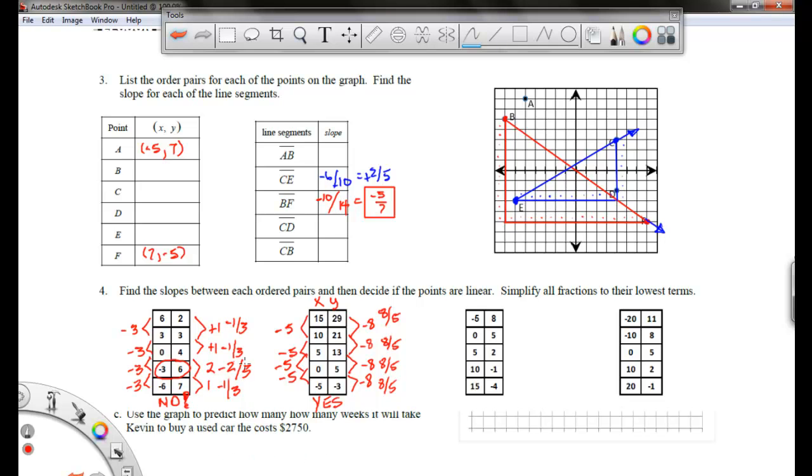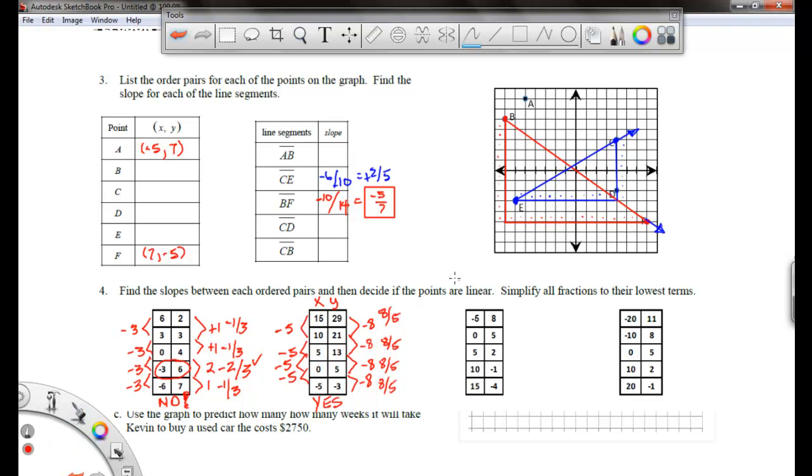So this is not linear. And the reason why it's not linear is that this slope is twice as big as these other ones. It's twice as negative a slope. It's going down twice as much. Okay, so sorry about that. I kept looking at that and saying, that ain't right.